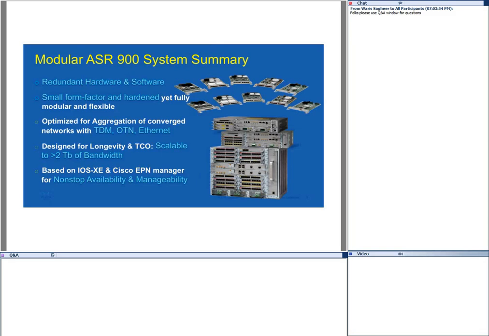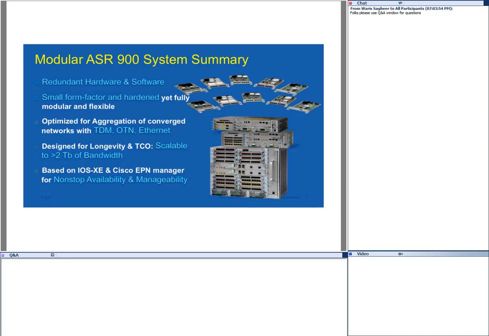So the hardware is redundant across all the parameters that you can think of. And the software, we use an IOS XE operating system. So IOS XE runs a redundant IOS process as well. So we use redundant hardware and then software. We are covered with high availability in all the different layers.